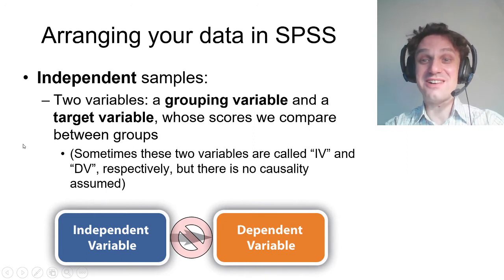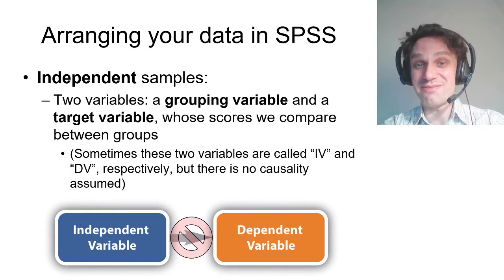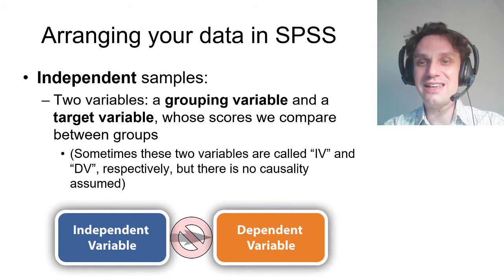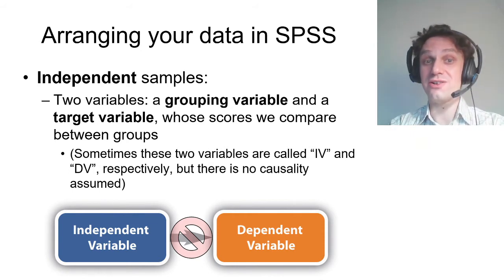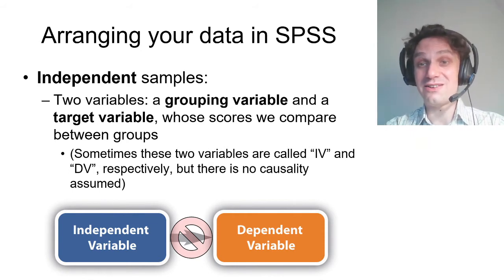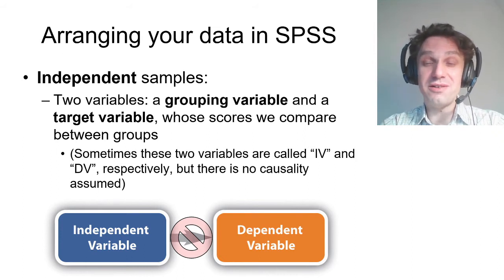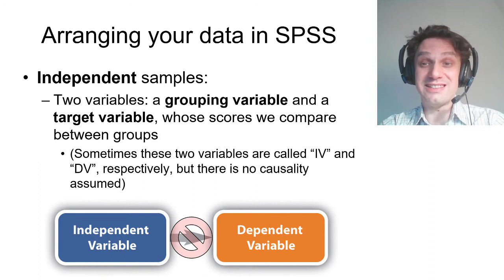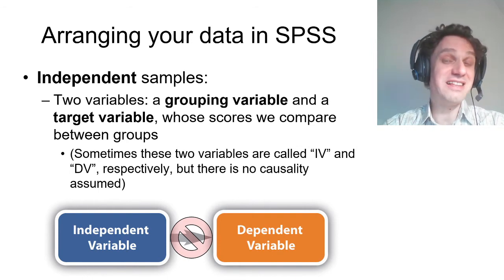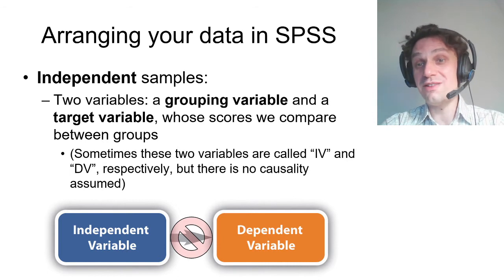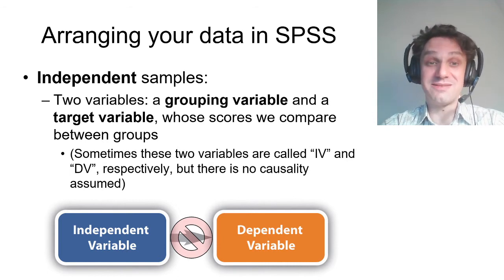In case you have independent samples, normally you arrange your data in two columns. One of these columns is a grouping variable which determines which sample each observation comes from. For example, if you have a group of male individuals and a group of female individuals, the grouping variable will be gender or sex.